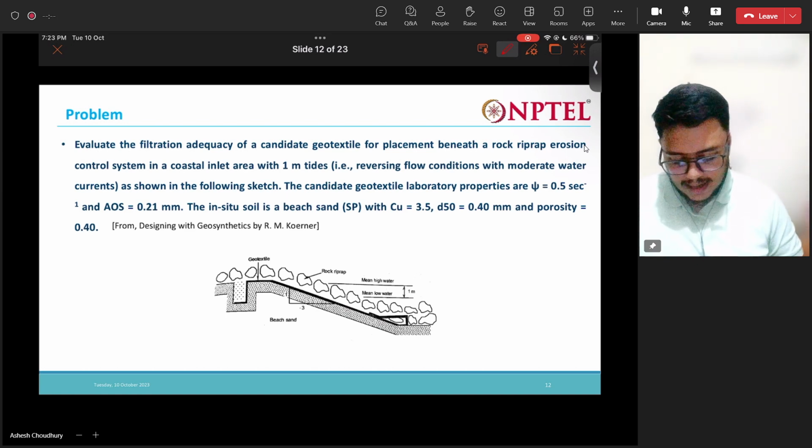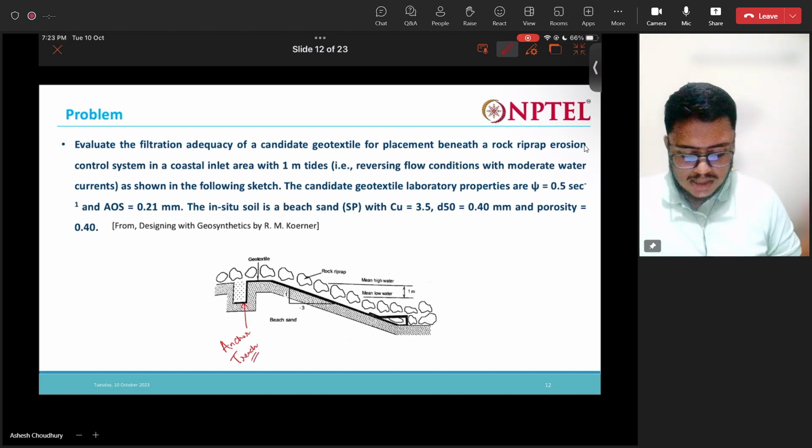This is the anchor trench. You see the geotextile is anchored here, and over that you have a rock riprap.